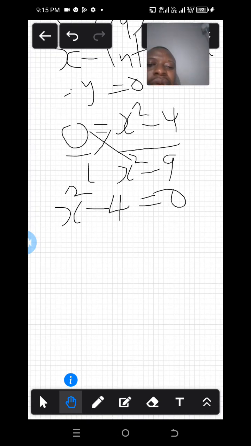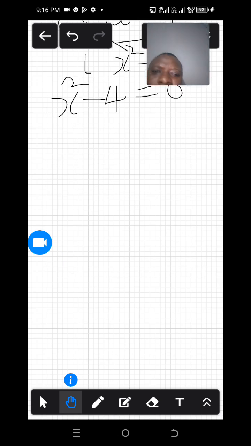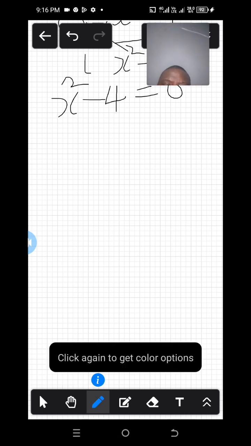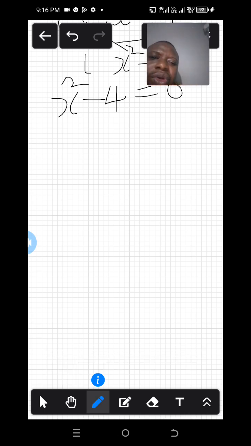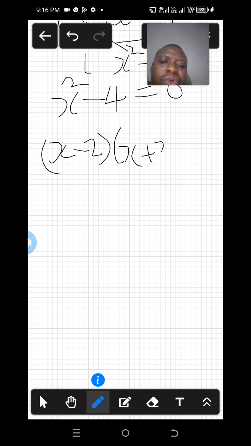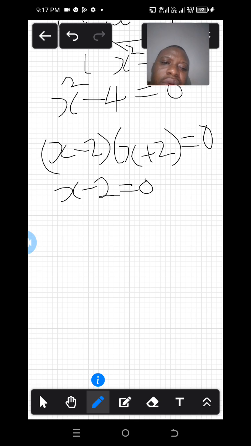As I said, this is x squared minus 4. That is difference of two squares again. So we have x minus 2 and x plus 2 equal to 0. So x minus 2 equals 0, or x plus 2 equals 0.